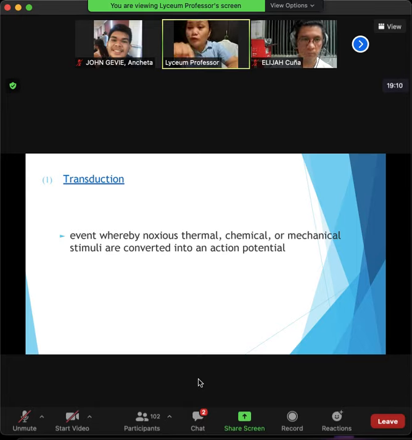So it's still phase 1, phase 2, phase 3, phase 4. When you have an exchange of sodium and potassium, then you will have an action potential. Then the pain will be conducted to the brain. Lahat-lahat ng nangyayari.